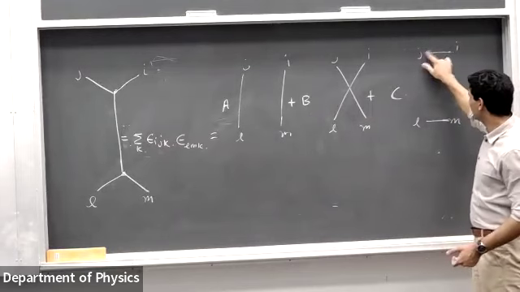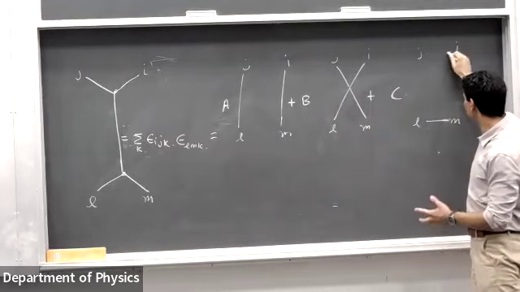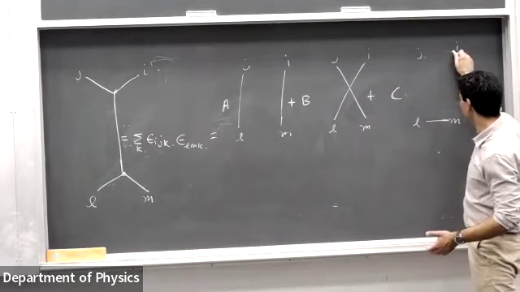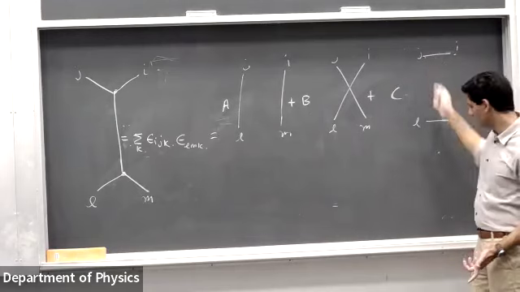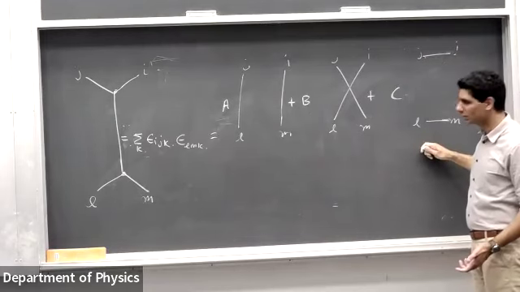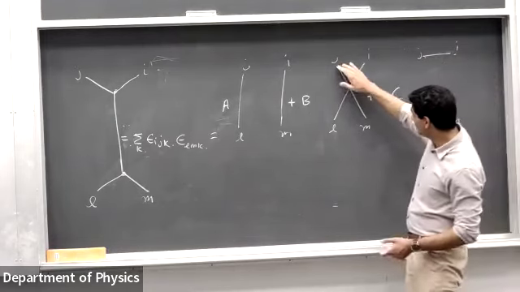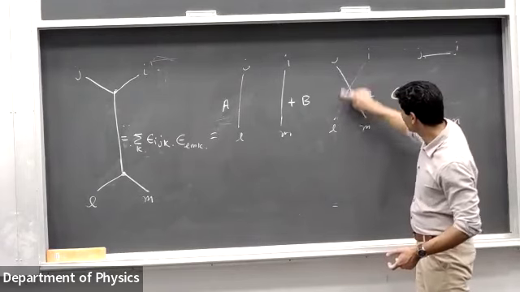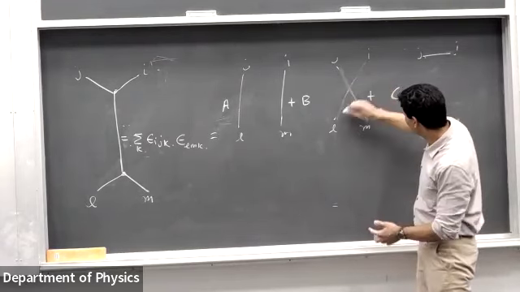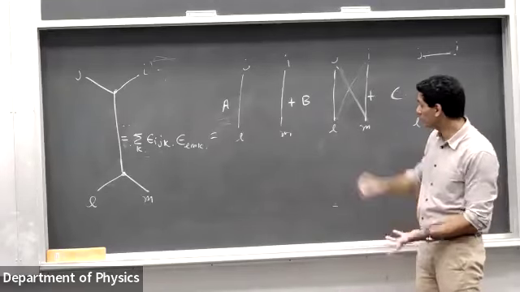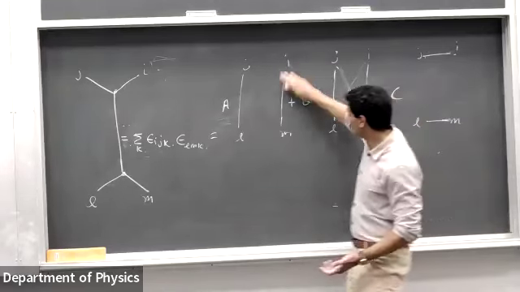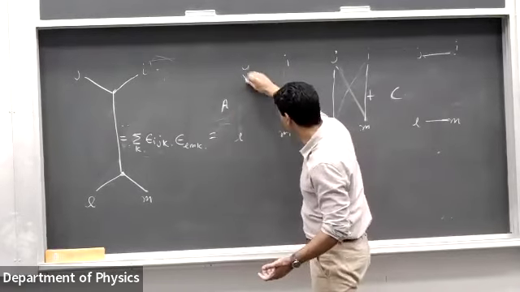By flipping i and j, I'm taking this end and attaching it to this end, and taking this end and attaching it to this end. It's the same thing. Same applies for the bottom index. But if I flip i and j over here, I'm taking i, attaching it here, and j attaching it there. This is what flipping the index really means. And likewise, this is what happens for this term.